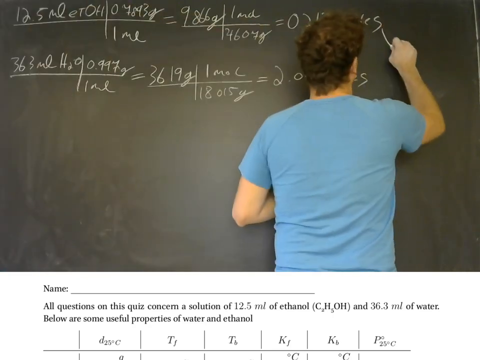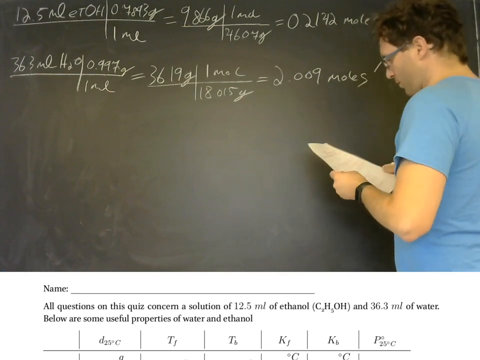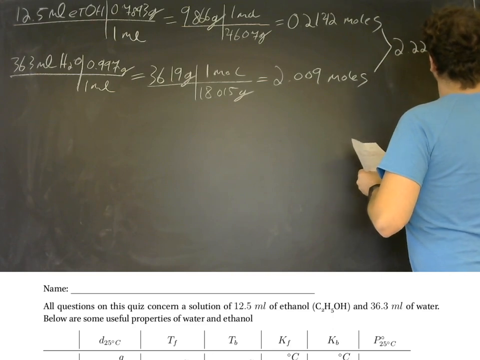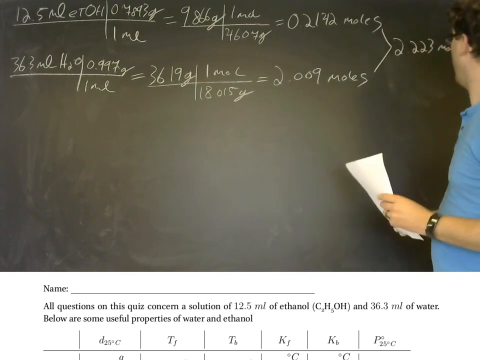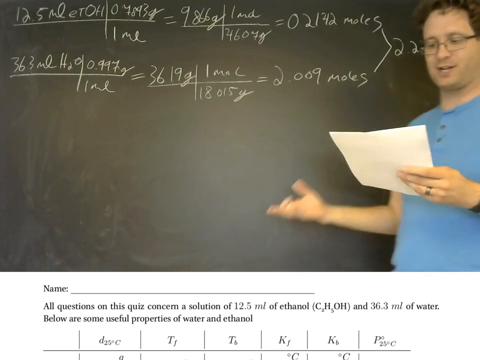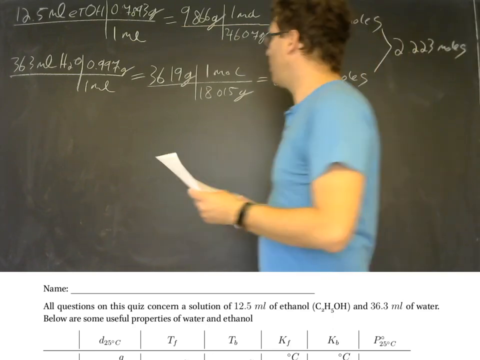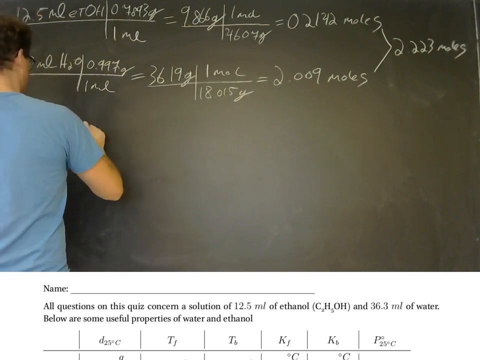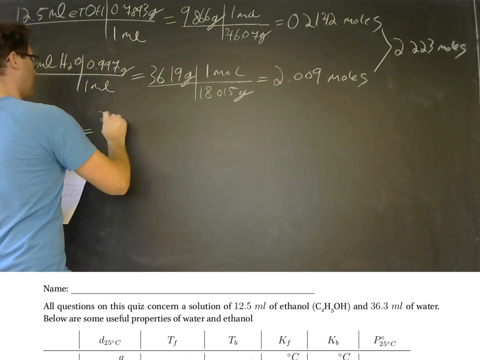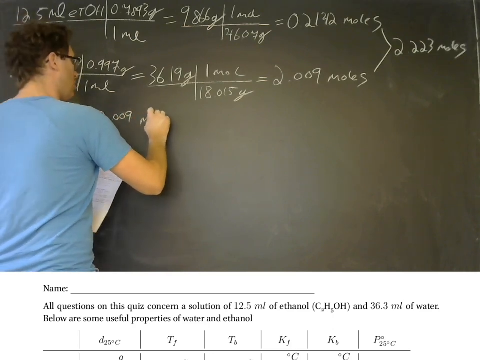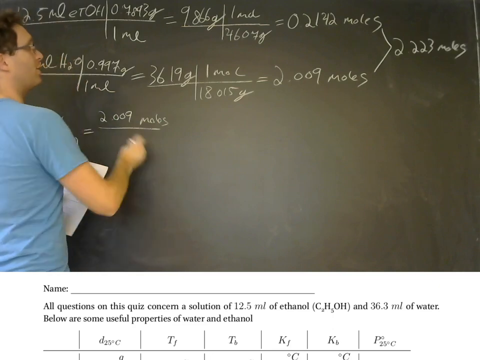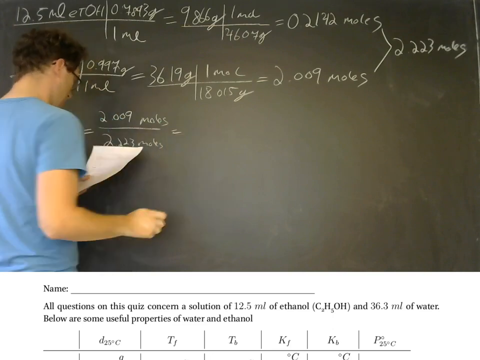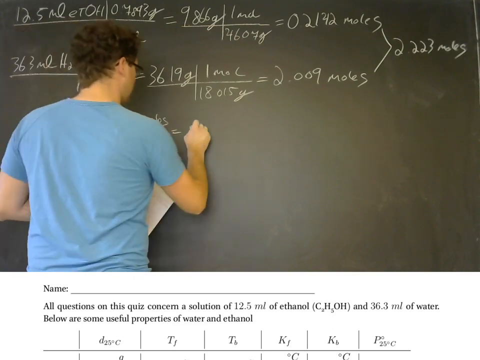The total moles is going to be the sum of those two, 2.223 moles. Now it's pretty straightforward to calculate the mole fractions of water and ethanol in the liquid phase. The mole fraction of water is going to be 2.009 moles of water over the total of 2.223 moles, which is equal to 0.937.